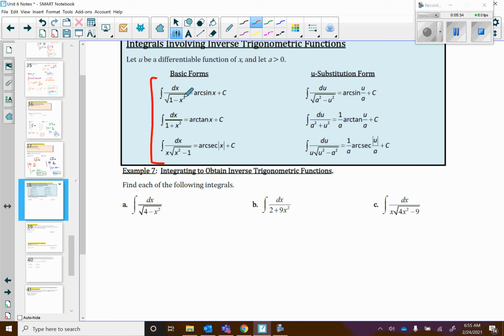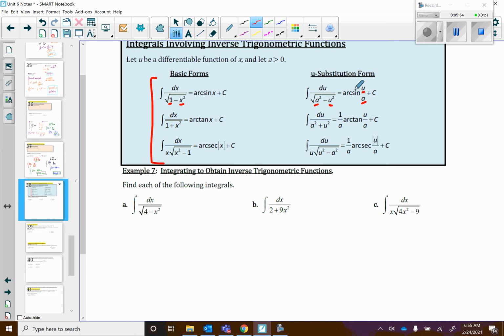But if these pieces, 1 and x, are not 1 and x, that doesn't mean we can't do the problem. We can use u substitution essentially to still find the antiderivative by matching up the pieces with our equations.